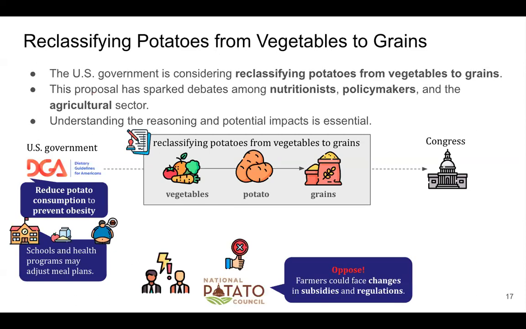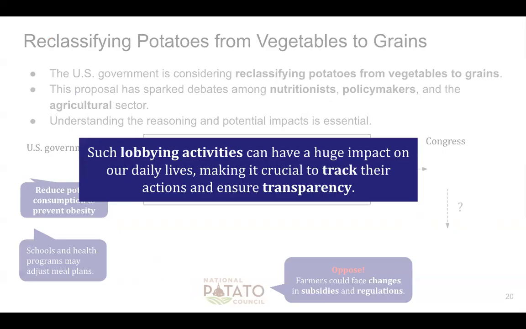Somebody proposed that bill, but then the farmers or some potato council lobbied against it, and so this bill was rejected and did not become law. The point is that lobbying and all this legislative stuff is really important to all of the citizens of the US.